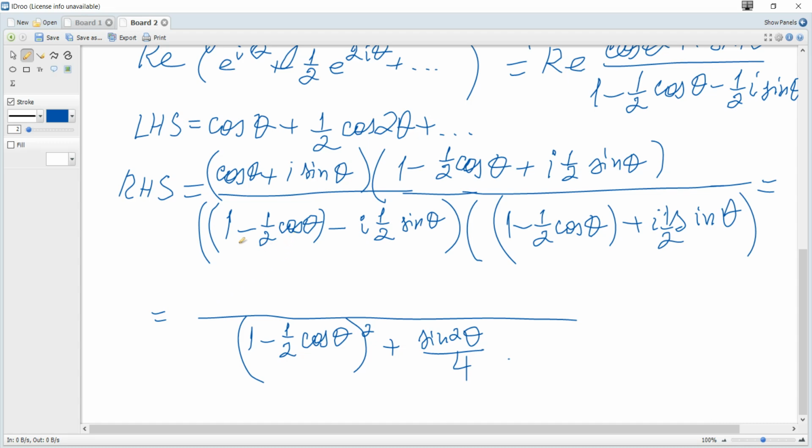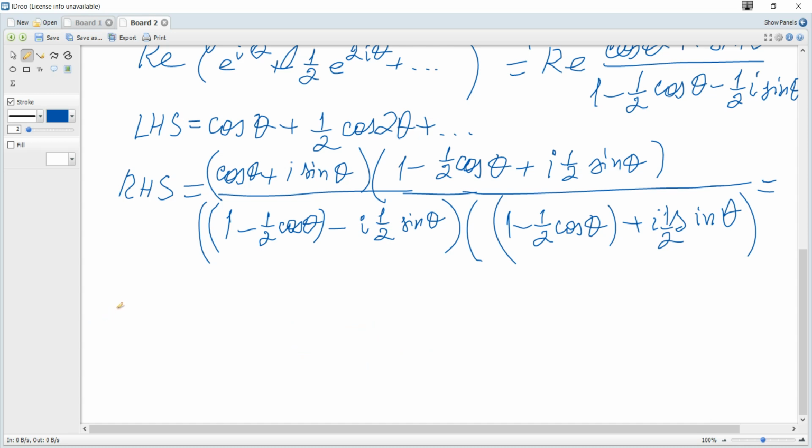so let's consider the real part of the right hand side to not rewrite it again.